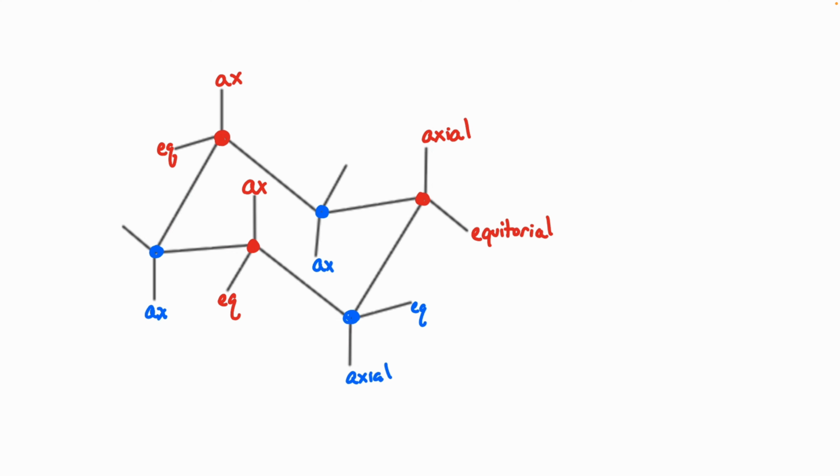Each blue carbon has an equatorial position pointed away from the ring. So we don't have this perfect regular hexagon here. Instead, we have this chair conformation where we have one bond pointed straight up or straight down and the other bond pointed out away from the ring.